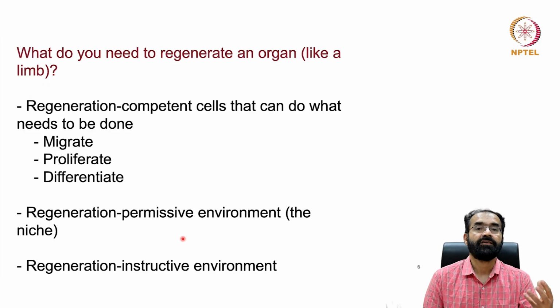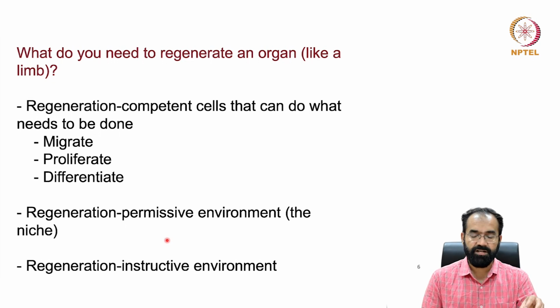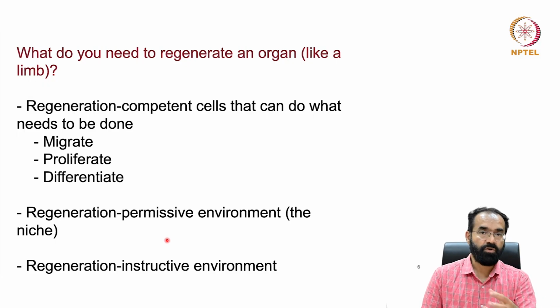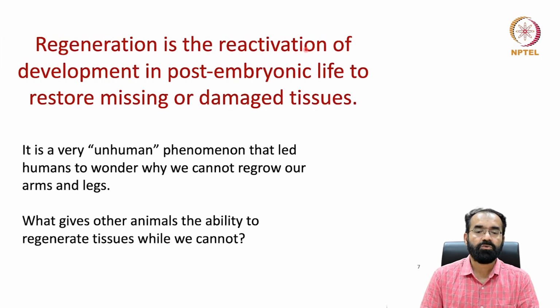So a regeneration-instructive environment is a must. If regeneration is not possible in a given environment, the capability to regenerate is not going to work out, although you have the capability. So regeneration is the reactivation of development in post-embryonic life to restore missing or damaged tissue.